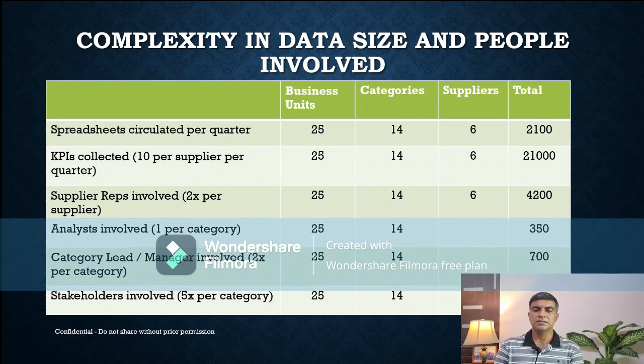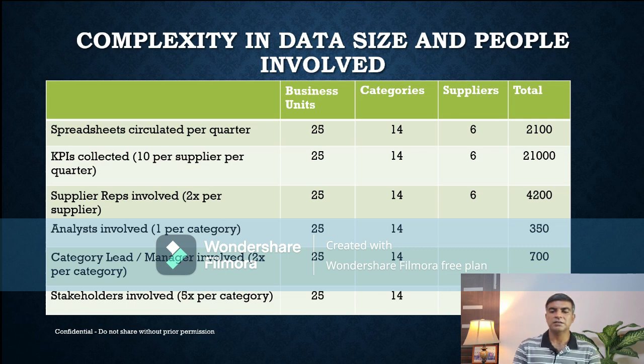Now let's look at the complexity of KPI data that was being collected. As I said, there were 25 business units, there were 14 categories in each of these business units, and there were at least 6 suppliers per category for which we tracked KPIs.